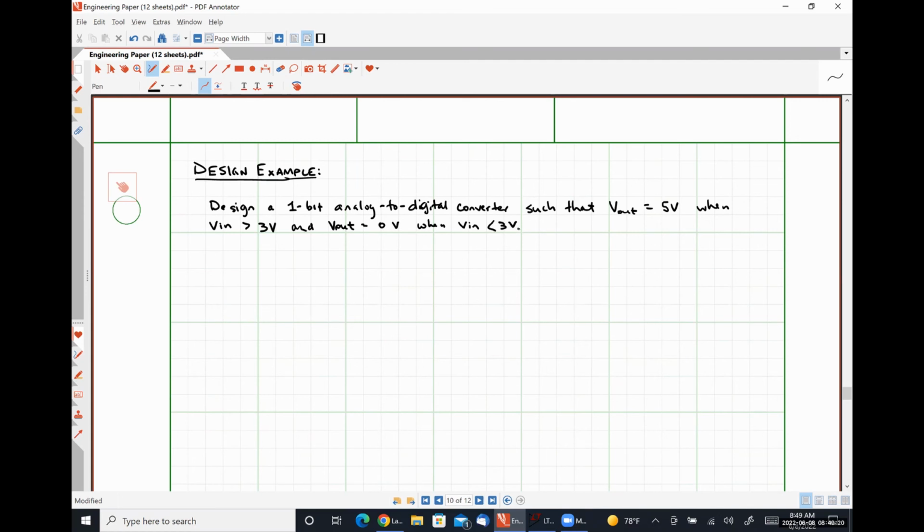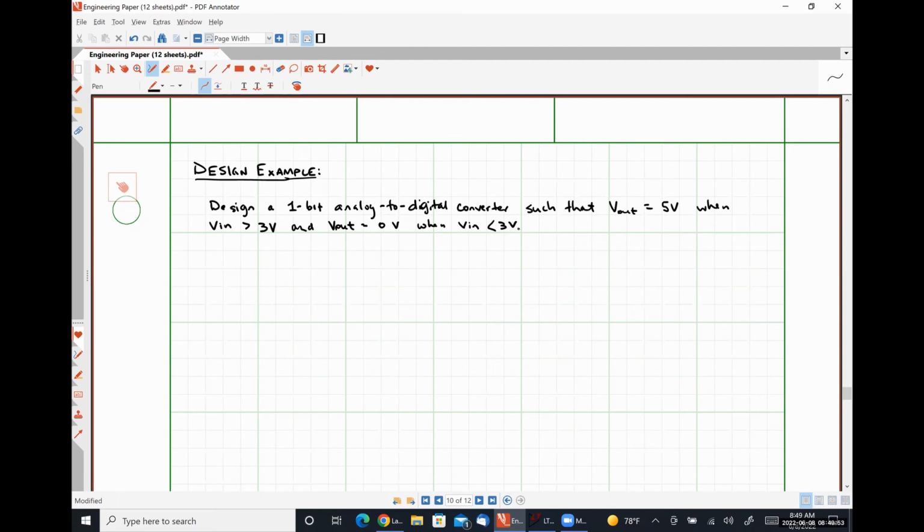Okay. So since we are comparing our input signal to some voltage, we are obviously going to use a comparator. We want our output signal to be high when V in is greater than our reference. So that means we're going to be using a non-inverting comparator. And our reference voltage here is obviously 3 volts because that's what we're comparing things to.